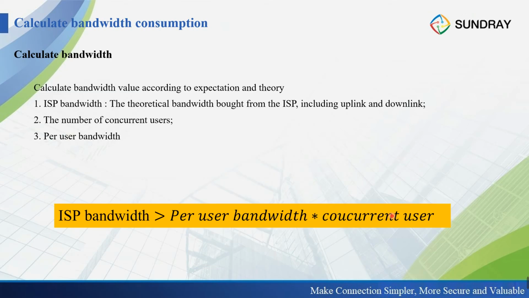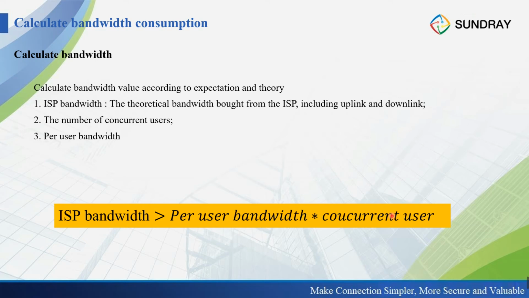And also we need to learn how to calculate the bandwidth for an enterprise network. We buy the bandwidth from the ISP, but how much bandwidth do we need for our enterprise? So we need to calculate the per-user bandwidth, and also we need to know the concurrent users.